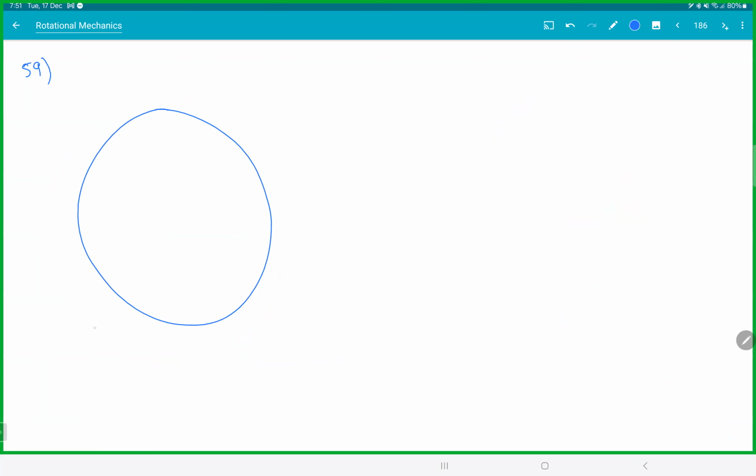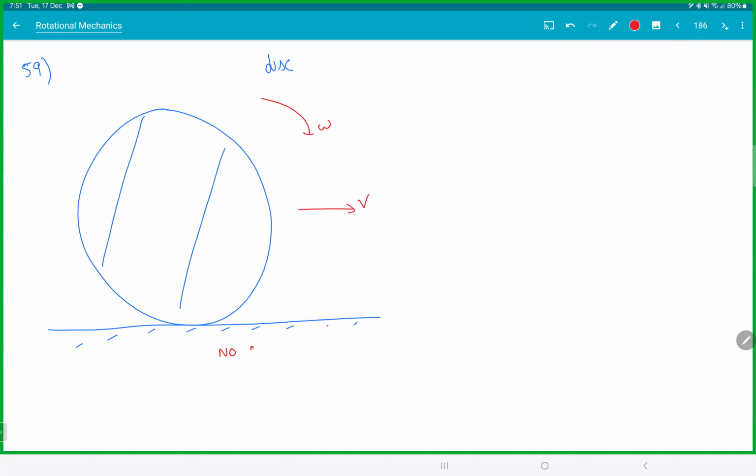Now, first, I want to make sure you are convinced about the IAR. Then we can go to little more complex ones. So we got a disk, which is going with V and omega, and it is no slipping. There's a point A here at 30 degrees.